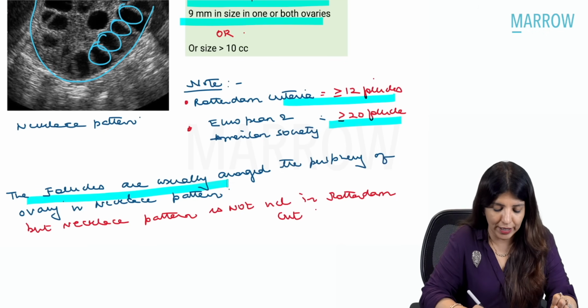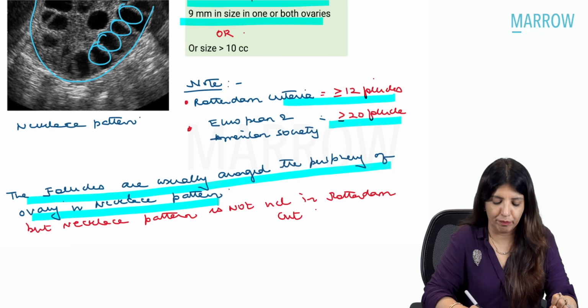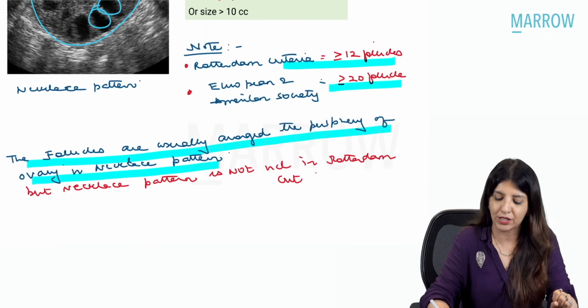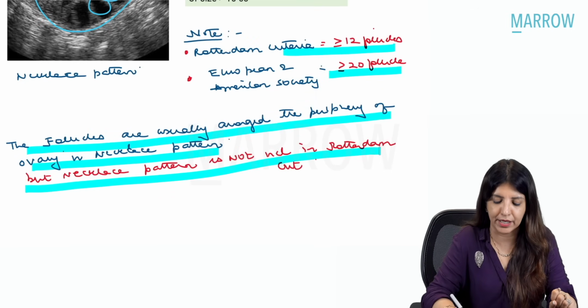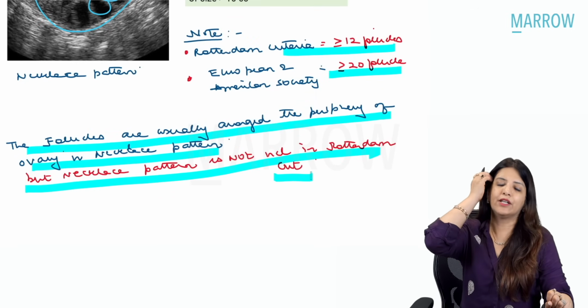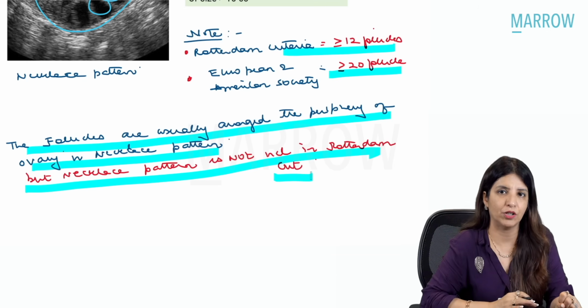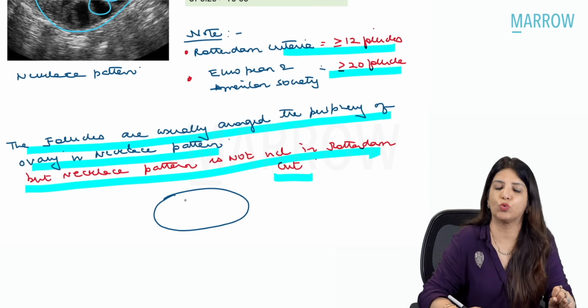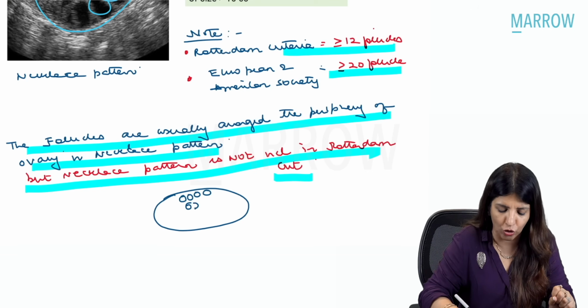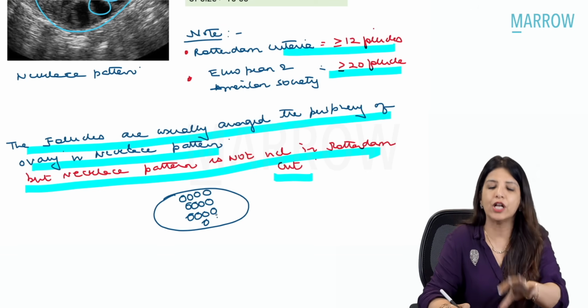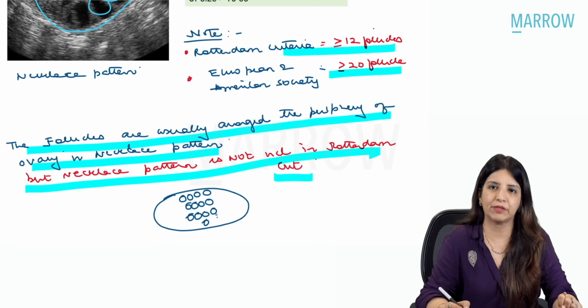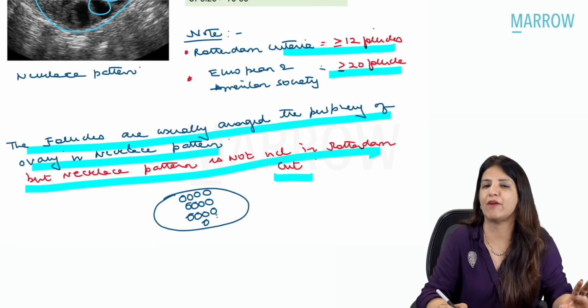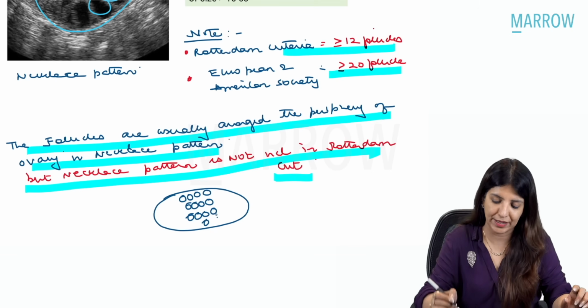Now, the follicles are usually arranged around the periphery of the ovary in a necklace pattern, but Rotterdam criteria does not include necklace pattern. Rotterdam says that you should get more than or equal to 12 follicles, even if those follicles are present in the center like this. Still, you are going to include it in Rotterdam criteria. Rotterdam is not saying that they have to be present in a necklace pattern.